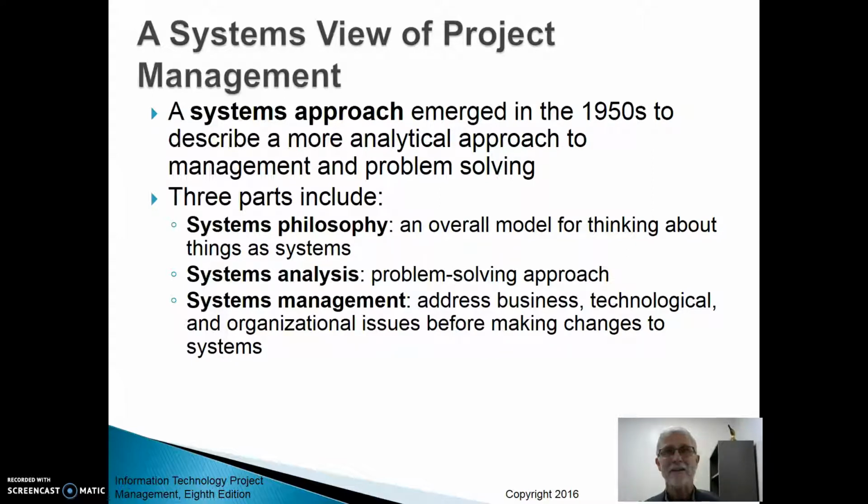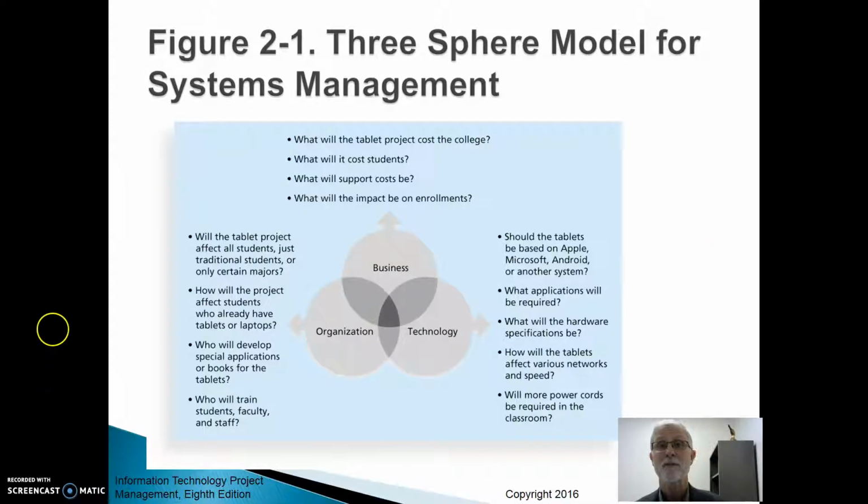How do I analyze the system? Make sure I'm actually trying to solve a particular problem. And then how do I manage this system? What kind of things do I have to address to solve this problem? Now, this systems management piece has three pieces to it. It's got a business part: cost, the impact on the organization. What's it going to do?